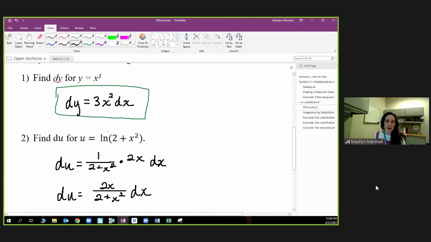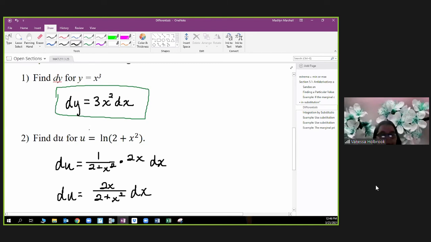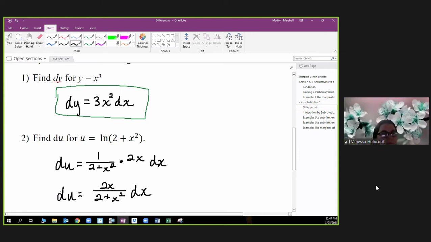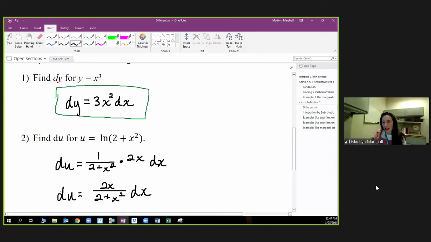And it's going to be important in this substitution method. But really what this statement is saying is that for this function, the change in u depends on the amount that x changes, which is multiplied with this derivative part. So the change in the y depends on this little tiny change in x with the derivative on it.